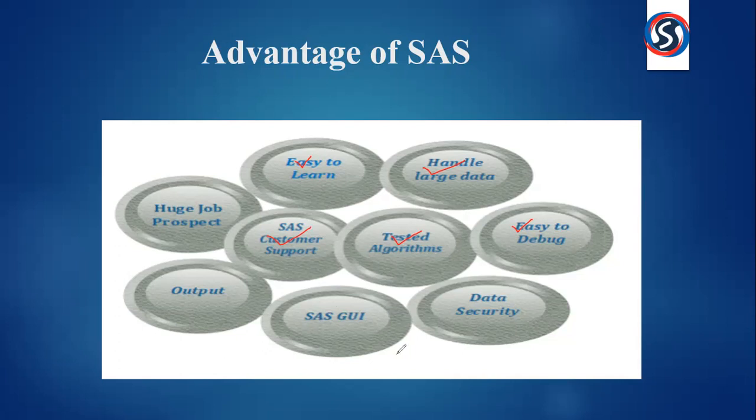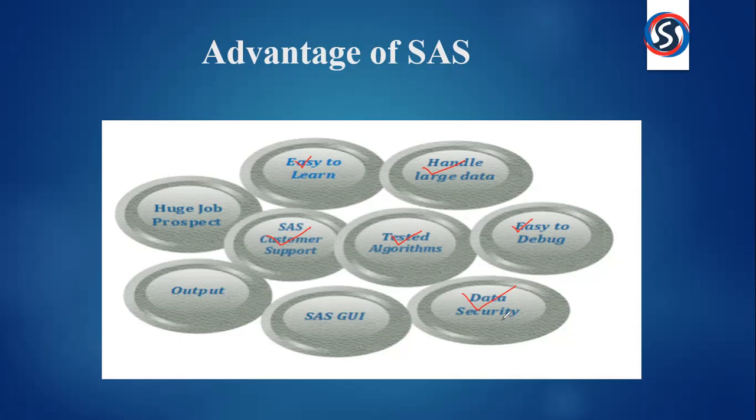Next, we have data security. SAS is the primary tool for many large-scale companies, and company data is confidential. When anyone or any company is working with any tool, what is the top priority? That is data security, so that there is no data breach.